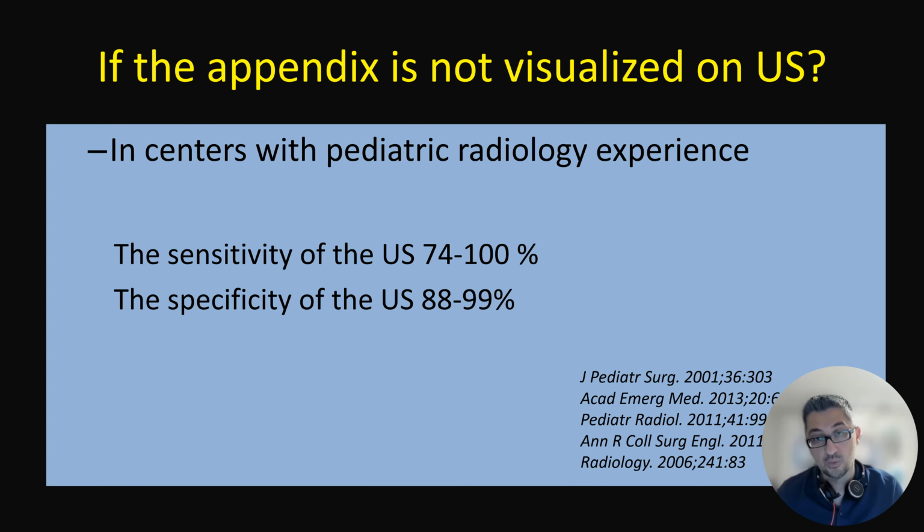So what happens if the appendix is not visualized? In centers with pediatric radiology experience, it is still a reliable tool. The sensitivity of ultrasound ranges between 74 to 100% and the specificity ranges between 88 to 99%.